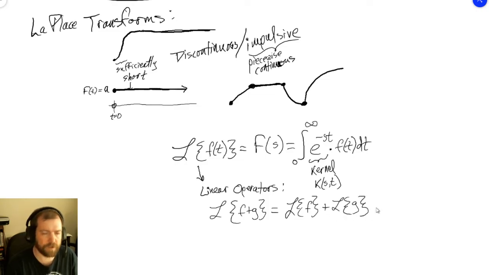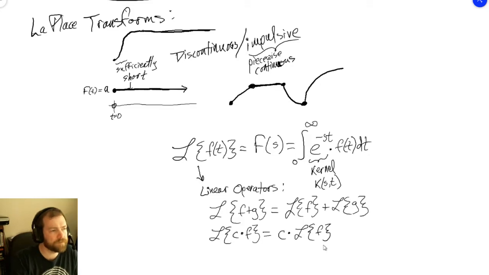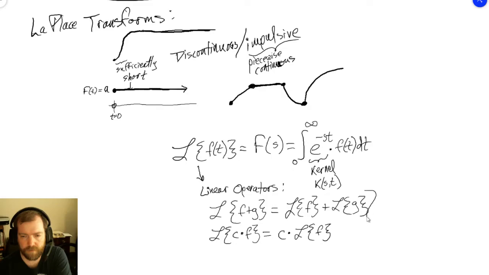In this particular case, our linear operator is the Laplace transform. And also, when you take the linear operator of a constant times that f function that we had, this is going to be the same as the constant times the linear operator on f. Taken together, these allow us to do exactly what we talked about up above, which is that we can find any linear combination.